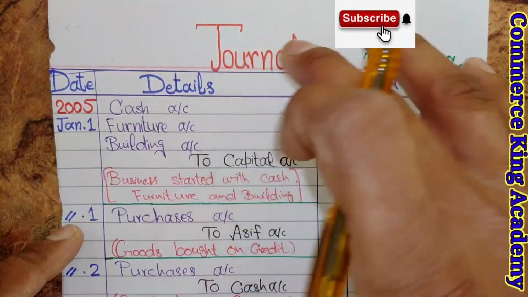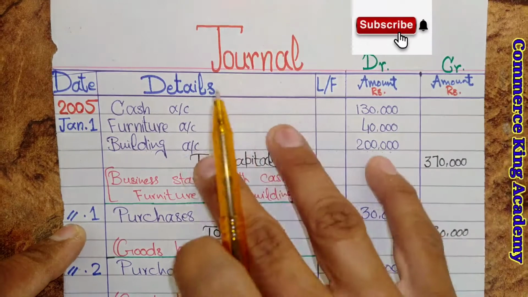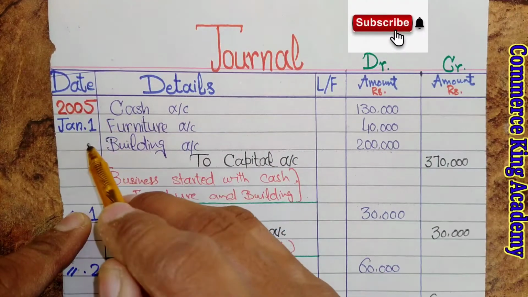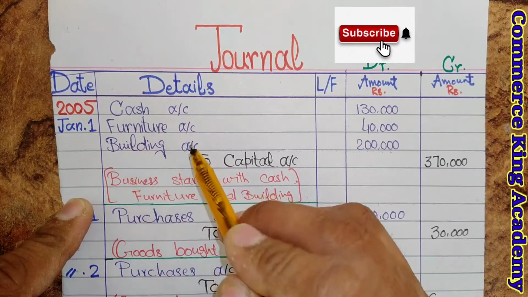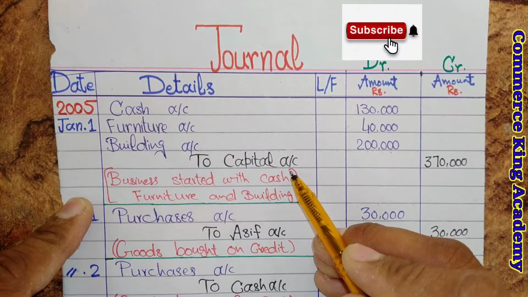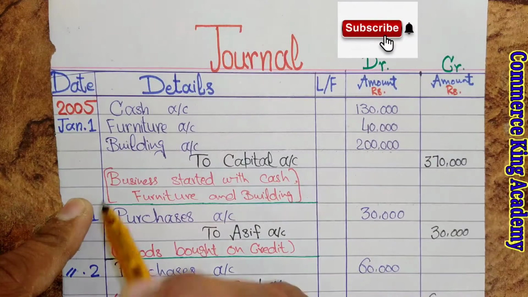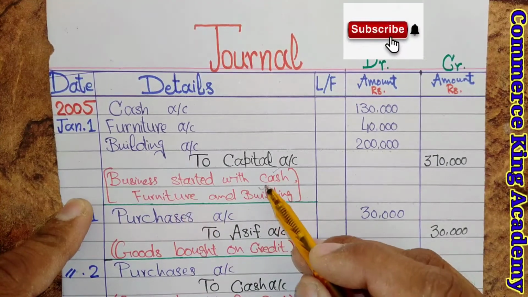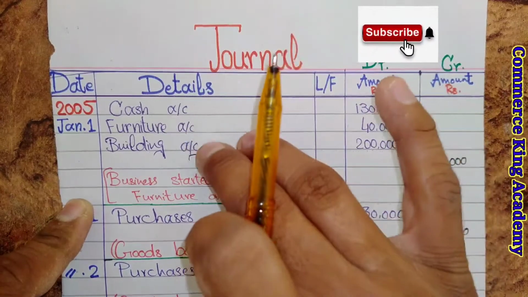This is the format of the journal account, and we enter this capital entry in the journal in this way: date 2005 Jan 1st, cash account debit, furniture account also debit, and building account also debit, to capital account credit. These are the amounts with equal debit and credit. The details say business started with cash, furniture and building. Right? The first business transaction entry has been completed here.